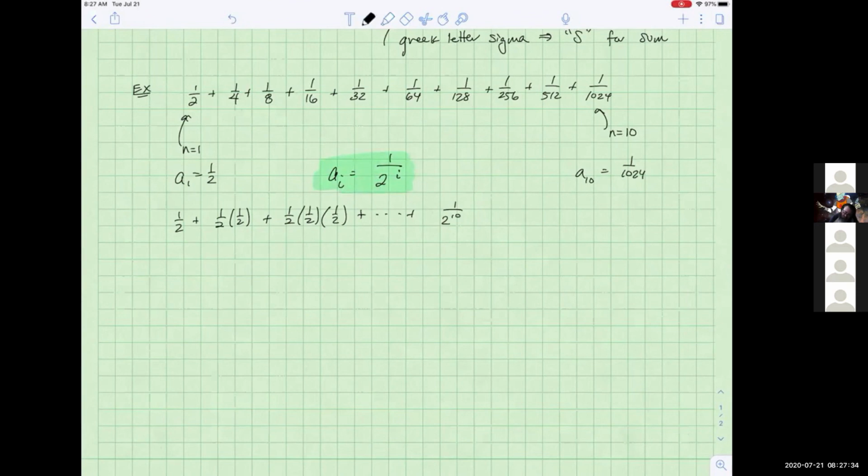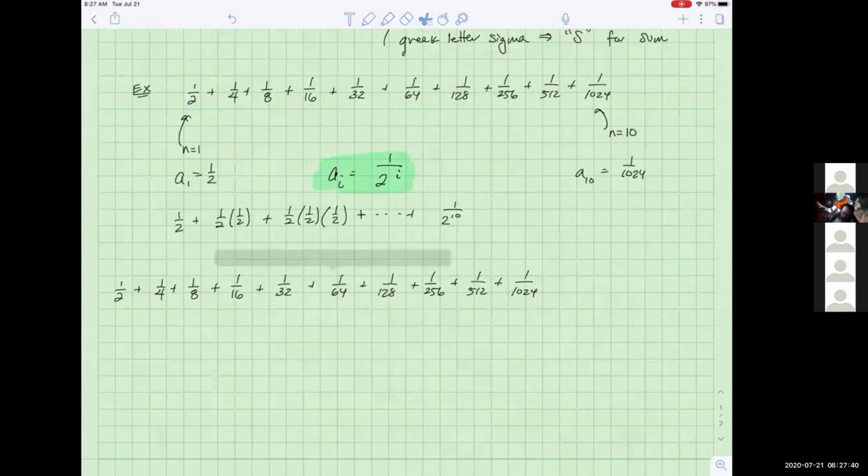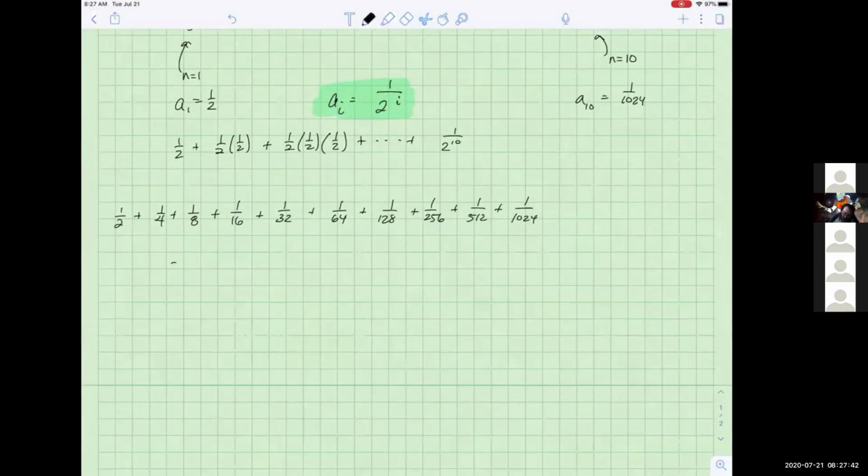And so we can take this sum and we can rewrite it as the sum of all of the terms of the form 1 over 2 to the ith power, where the first power of 2 starts at 1 and the last power of 2 ends at 10. And of course, you could actually write this like this: i equals 1 to 10 of 2 to the negative i power.